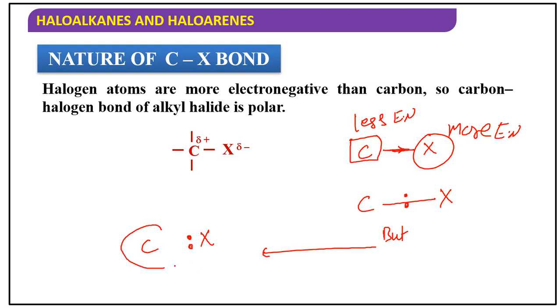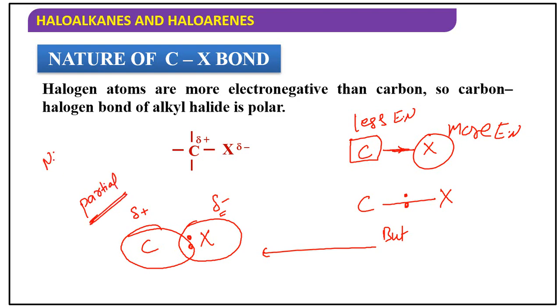So around the carbon is electron deficient, so delta plus. Around the halogen electron density is more, delta minus. Why do we mention the delta symbol? It indicates partial.